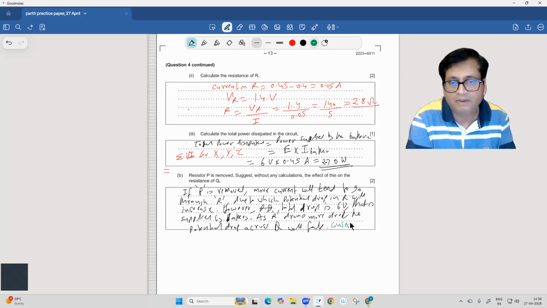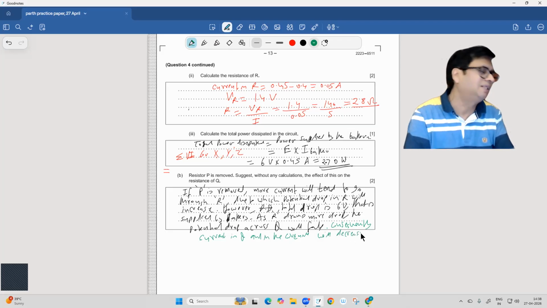Consequently, current in Q and in the circuit will decrease.